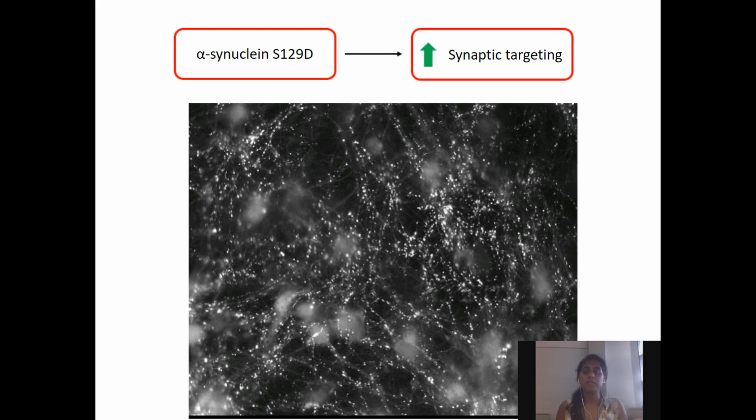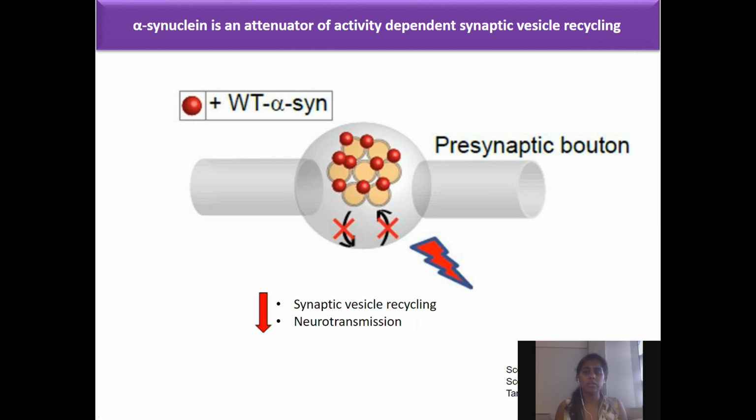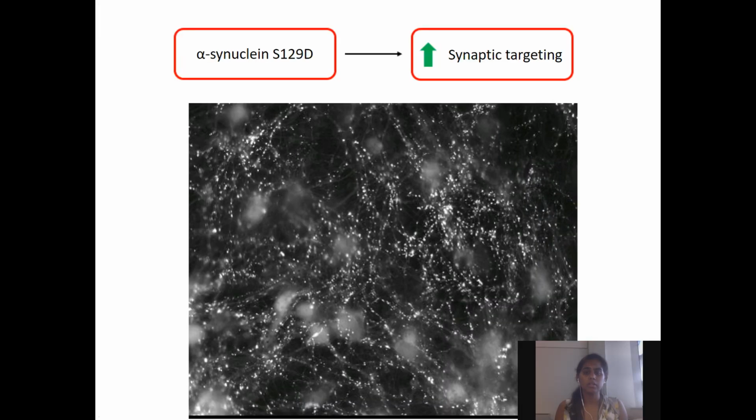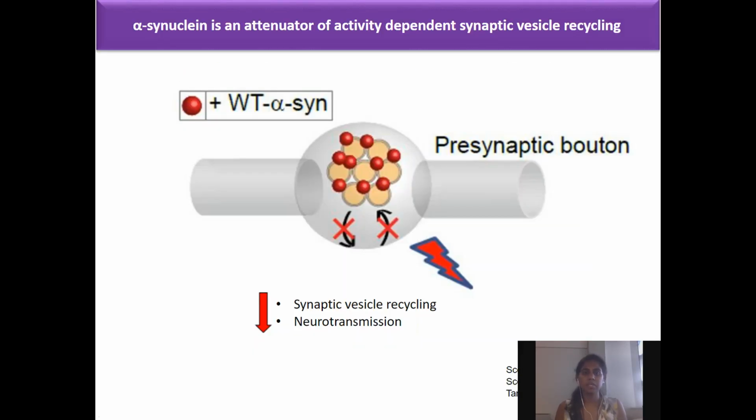Now we saw that the alpha-synuclein phosphomimetic can increase synaptic targeting, and we know that the level of alpha-synuclein at the synapse is directly linked to its synaptic recycling function. We and others have shown that alpha-synuclein is an attenuator of synaptic vesicle recycling.